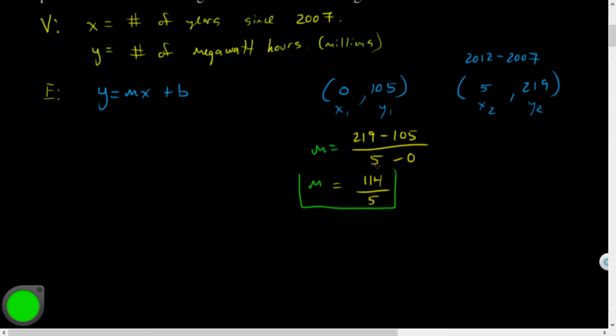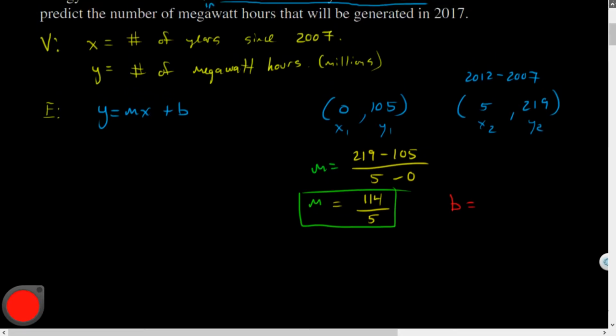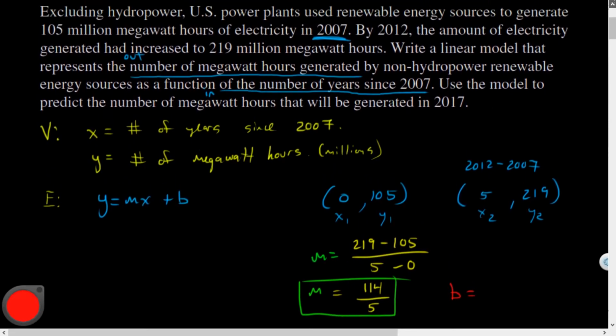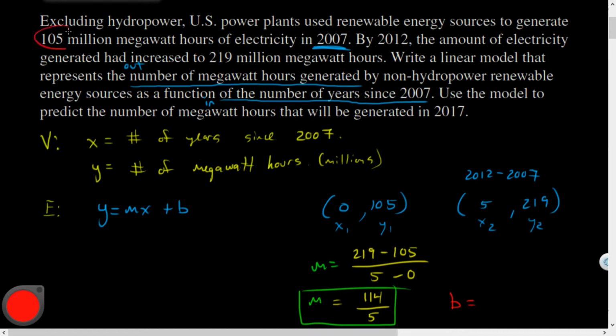So here's my m. Now I also need to know my starting value. Now, we're starting in the year 2007, right? And in the year 2007, I happen to know my starting value. So maybe I would have interpreted right out of the problem that 105 is going to be my b.